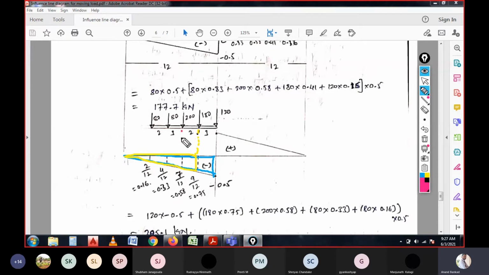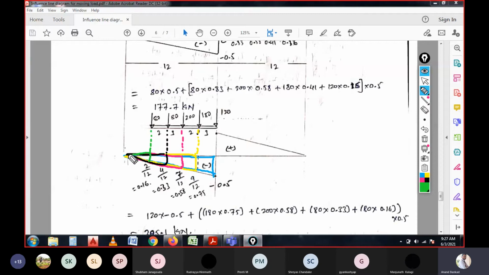And apart from this, we have another load over here, which is considered in this manner. And next, another load which is moving like this, and then we have another load.